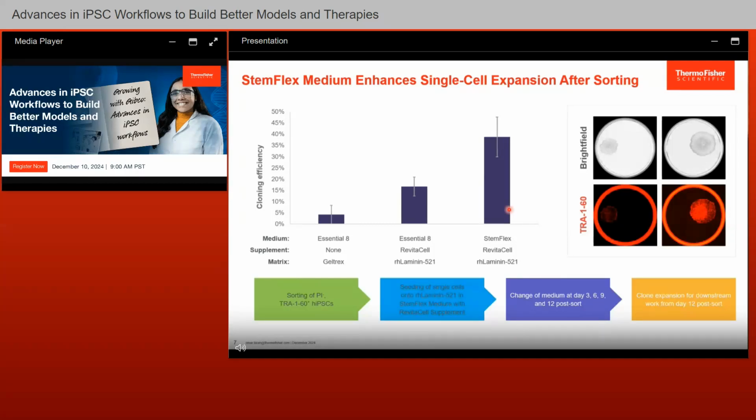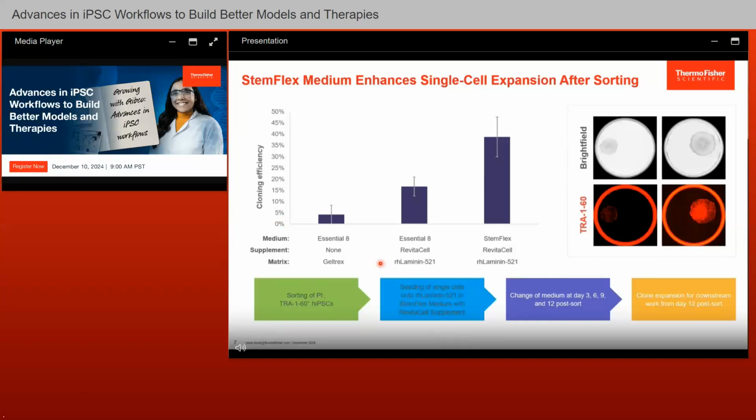So you can see in the first condition, where cells were grown in traditional PSC media and matrices like Essential 8 or Geltrex, that the clonal efficiency, meaning the ability of that one cell to derive an entire colony, sits at around 5%.